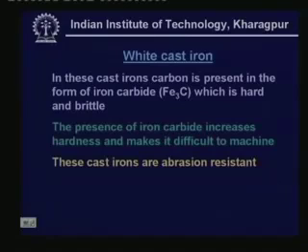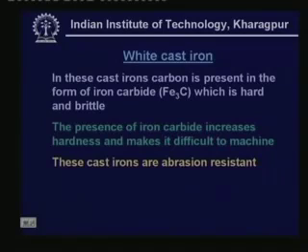Now let us come down to this particular idea, that is the white cast iron. In this cast iron, carbon is present in the form of iron carbide Fe3C, which is hard and brittle. So the presence of iron carbide, you can understand, increases what?